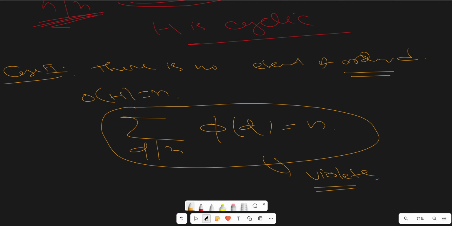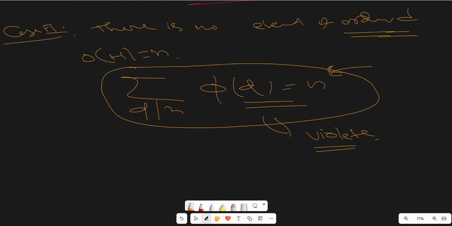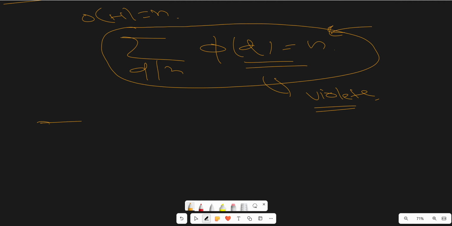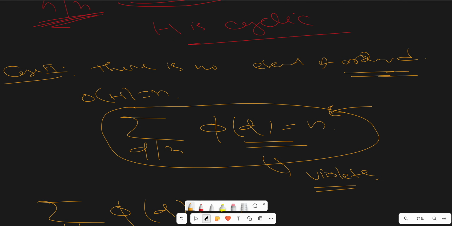I guess everybody should know this well-known theorem, that the summation over d dividing n of phi of d is equal to n. There is a group theoretic proof and a number theoretic proof for that. So if there is no such element of order d, this equality will not be satisfied, because we have to satisfy the summation over d dividing n of phi of d being n, but for the divisors d there is no such element.